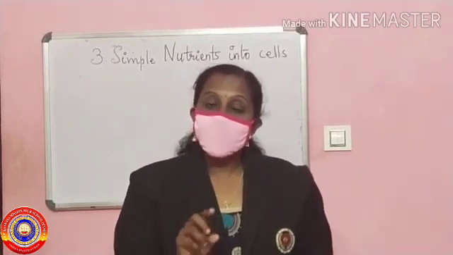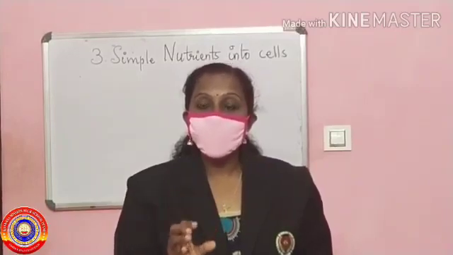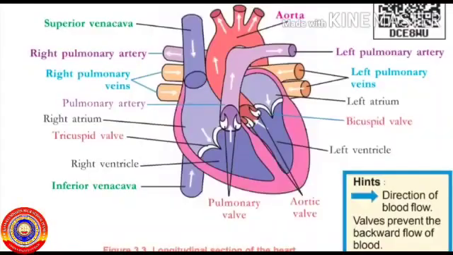Before moving to our topic, let's have a look at the diagram of the heart. The left side consists of aorta, left pulmonary artery, left pulmonary vein, left atrium, bicuspid valve, left ventricle, aortic valve.